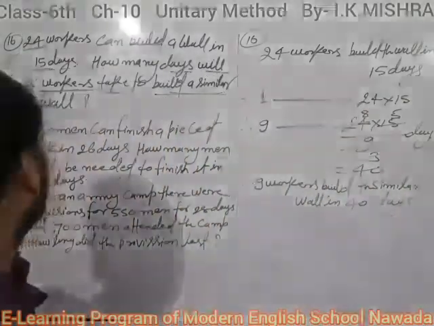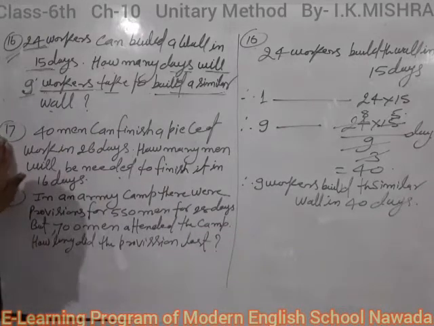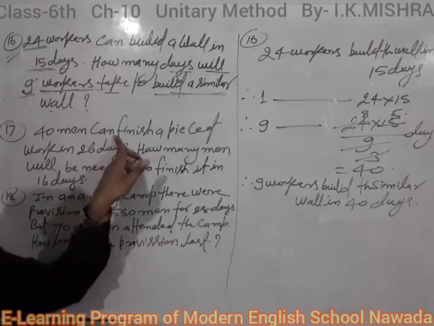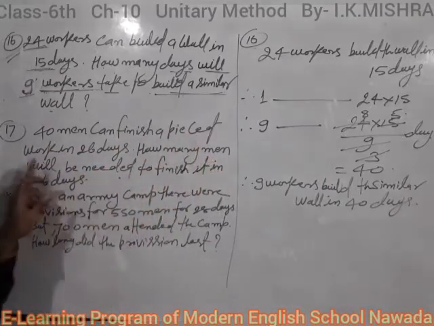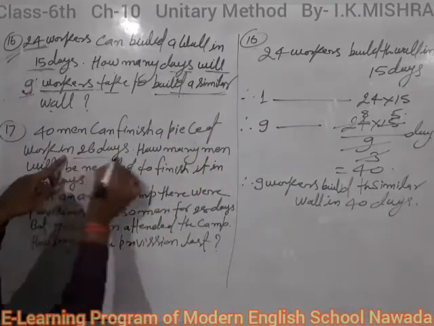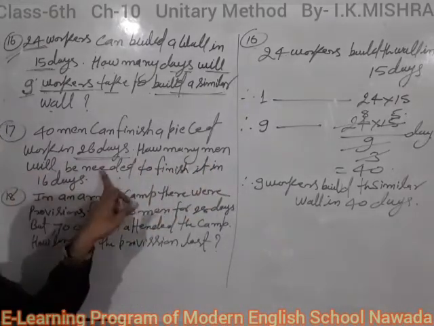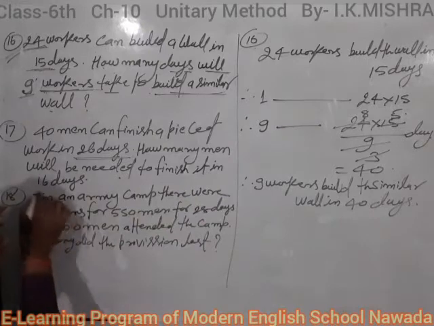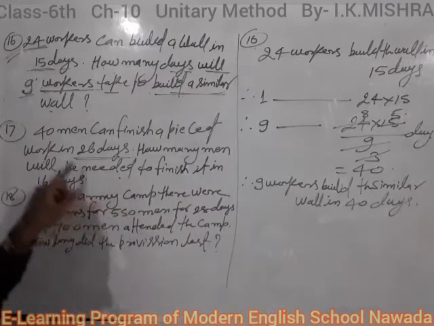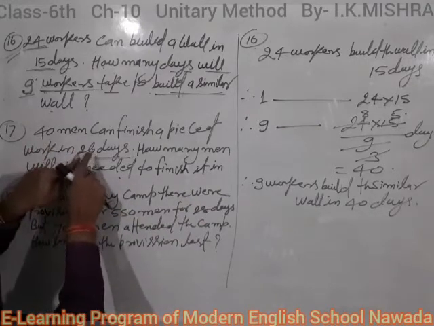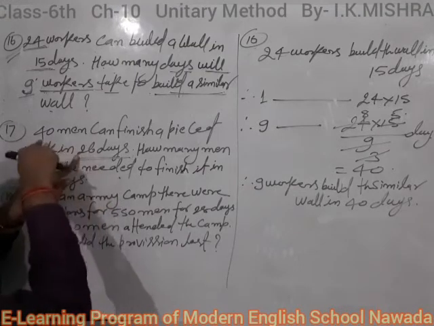Now proceed to question number 17. Carefully read this question. 40 men can finish a piece of work in 26 days. How many men will be needed to finish it in 16 days? Here students, to finish the work in 26 days, the number of men required is 40.